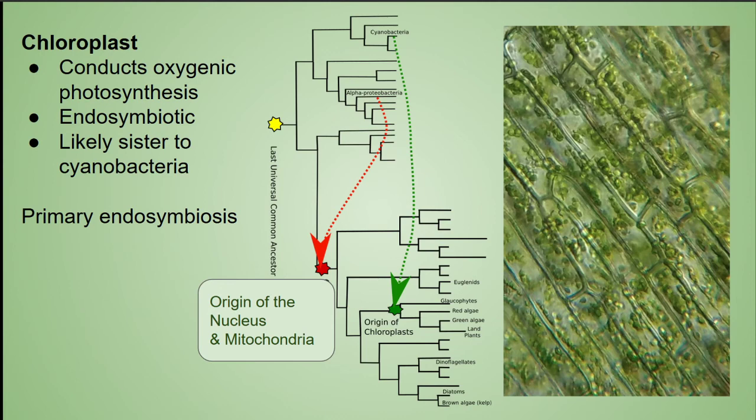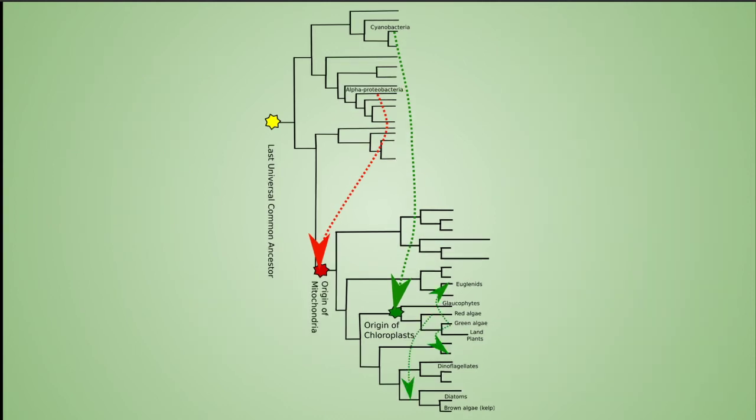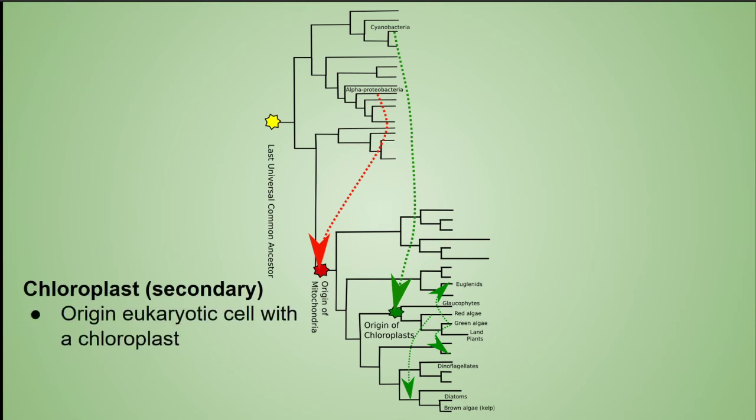What's interesting is that this doesn't account for all of the chloroplasts that are part of the eukaryotes. So we need another explanation for lots of other groups. It turns out that a eukaryotic cell was actually engulfed by other groups of eukaryotes. A eukaryotic cell that contained chloroplasts was engulfed by other eukaryotes.